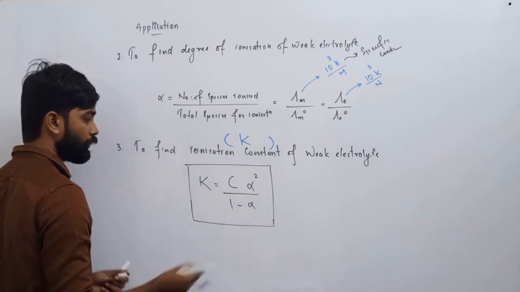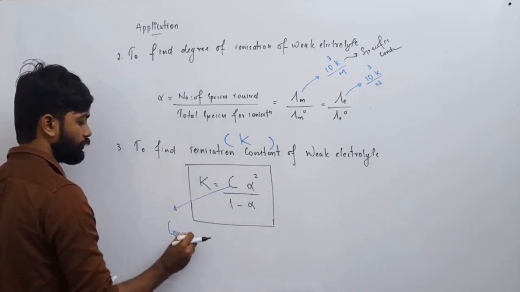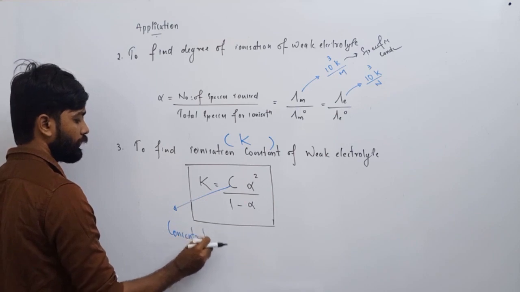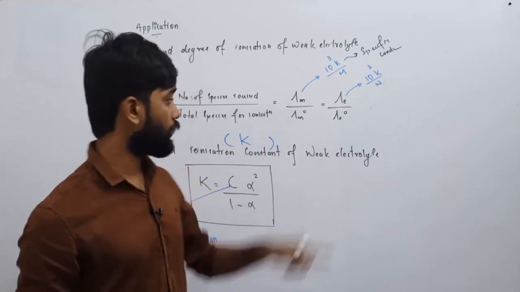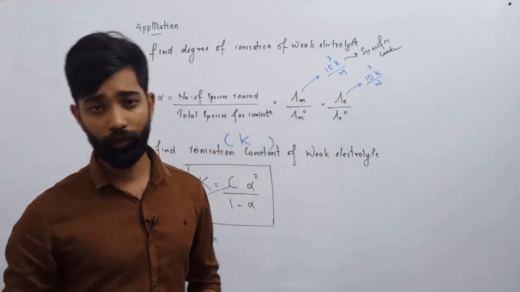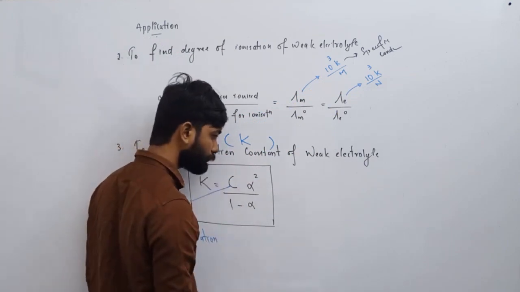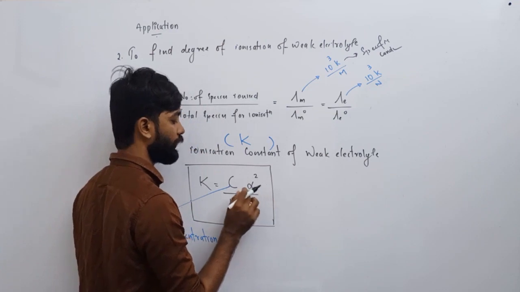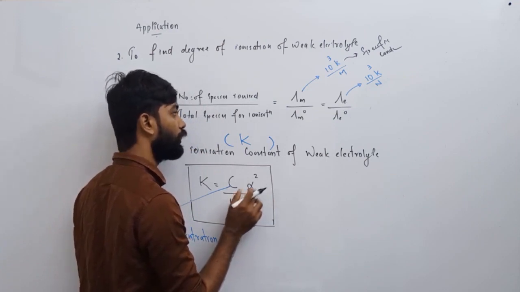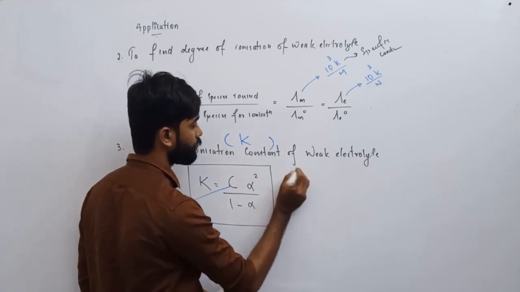Ready? Where C is a particular concentration. We already told you that. For the ionization constant, alpha can be measured at a particular concentration, that molarity or normality, which is here C. And we can substitute alpha by lambda by lambda 0. Then what will be the expression for your K? Let's check.